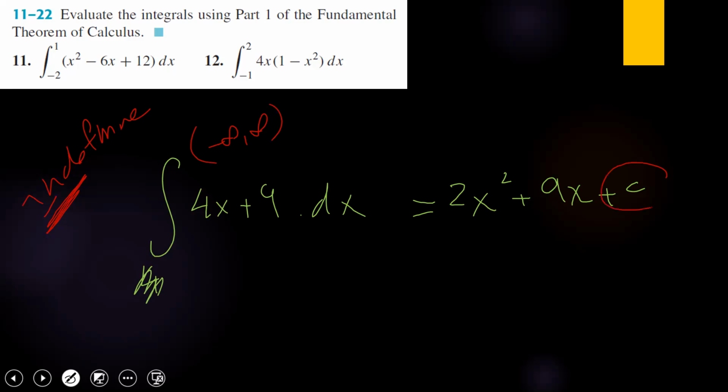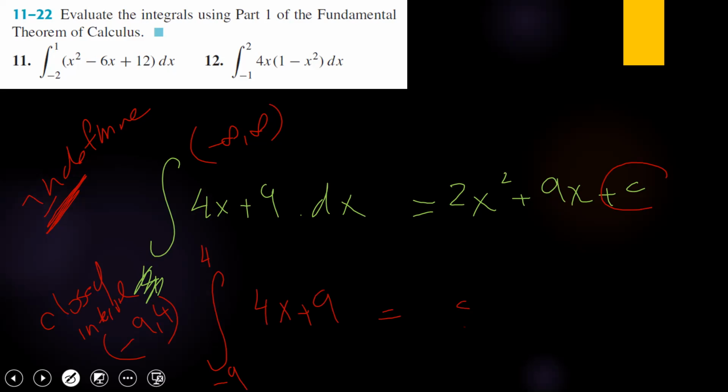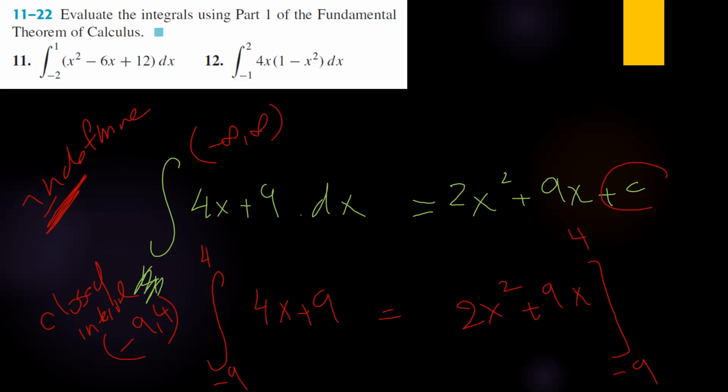So I have to write plus c. But if you have a closed interval, like from negative 9 to 4 of 4x plus 9, you will say it is 2x squared plus 9x without plus c. Then you have to write this parenthesis here. Is it clear? Yes, miss.